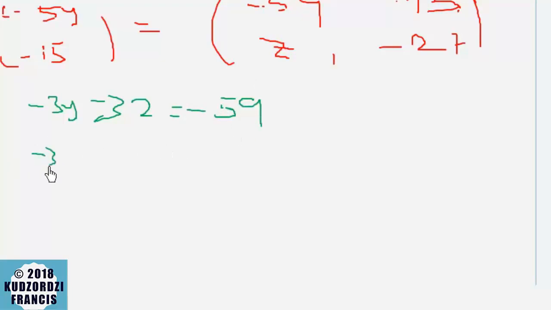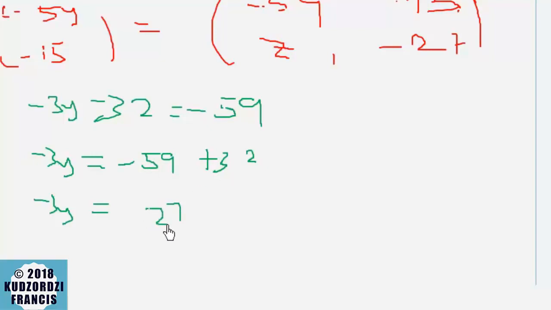So we simplify this further to obtain negative 59 plus 32. So we have negative 3y. So this will give us 9 minus 2 will give us 7. Then 5 minus 3 will give us 2. So this will give us negative 27.